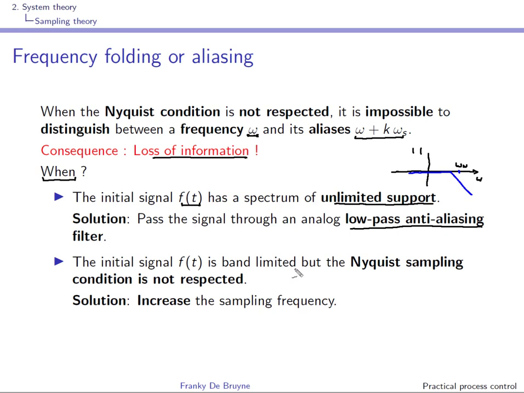If the signal is band limited, but the Nyquist condition is not respected, what you could do is of course increase the sampling frequency until it is satisfied.